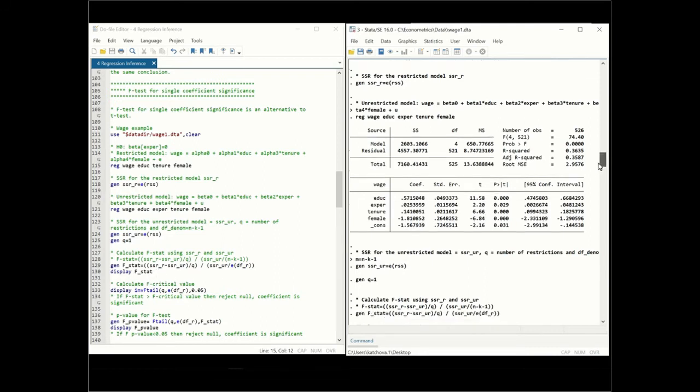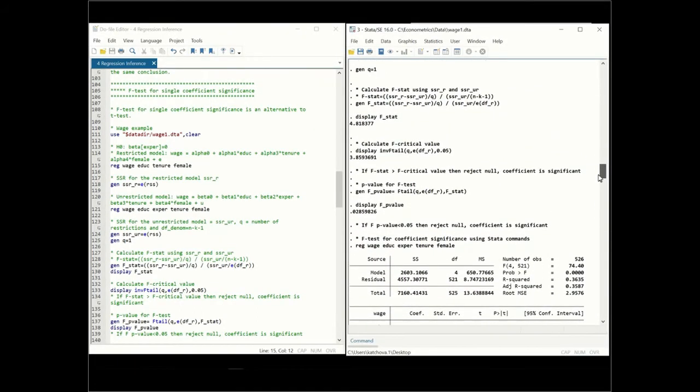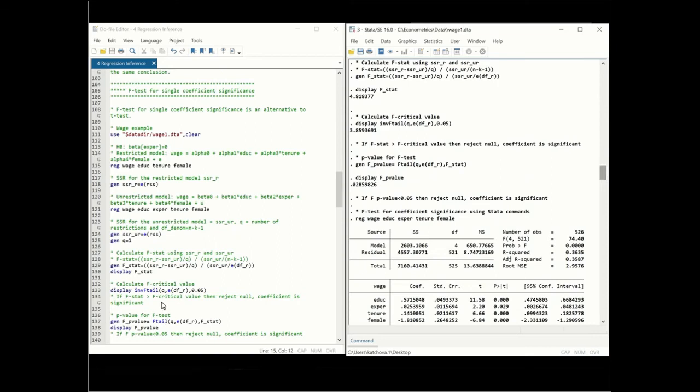Okay, so now we're ready to calculate the F statistic here. So how we're going to calculate the F statistic is using the formula that the F statistic is the sum of squared residuals for the restricted and unrestricted model, the difference of them, divided by the sum of squared residuals for the unrestricted model. And these are the degrees of freedom that are correcting.